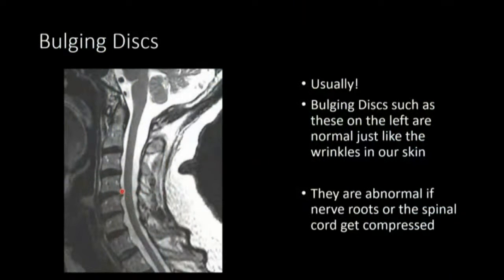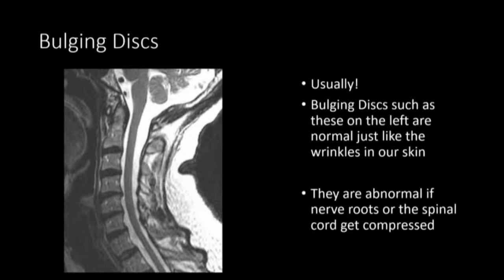As I put my laser pointer here, you can see this subtle bump to the back of this disc. That's considered a disc bulge in the vast majority of patients. That's of no clinical significance, meaning it's not causing a person any sort of symptoms. It's no different than the tread on the tires of our car wearing down over time, or the sole in our shoes wearing down over time.